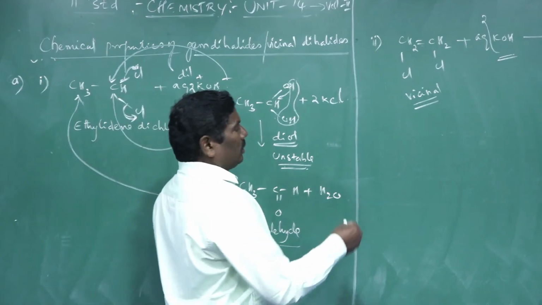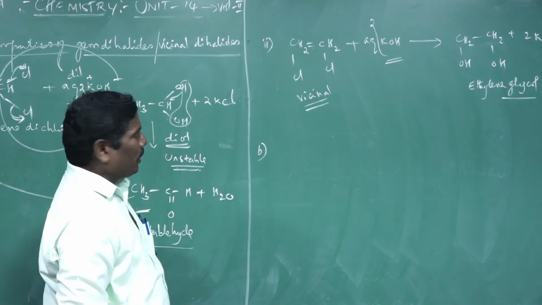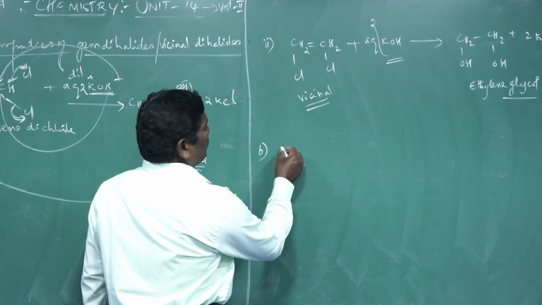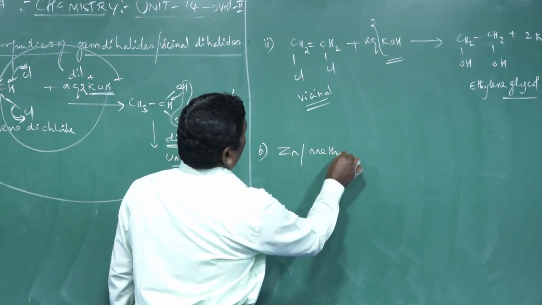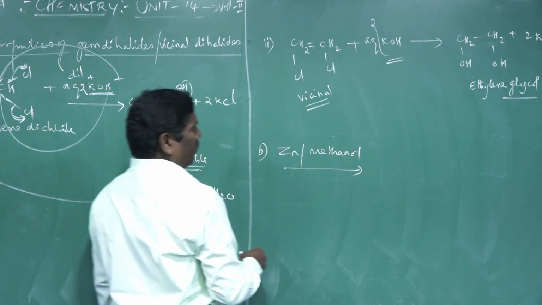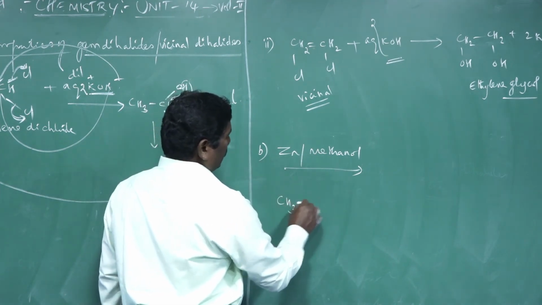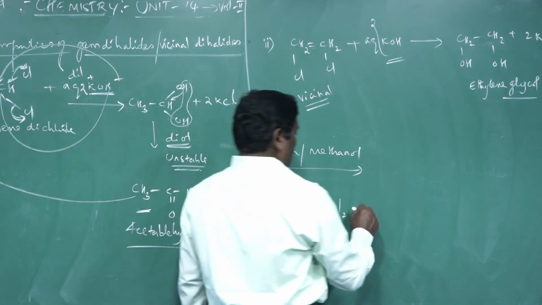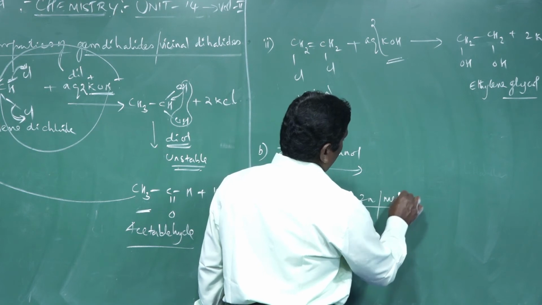You see the second chemical property: we are going to treat it with zinc in an alcohol, namely methanol. The same compound we are going to take here: CH3CHCl2 plus zinc in methanol.